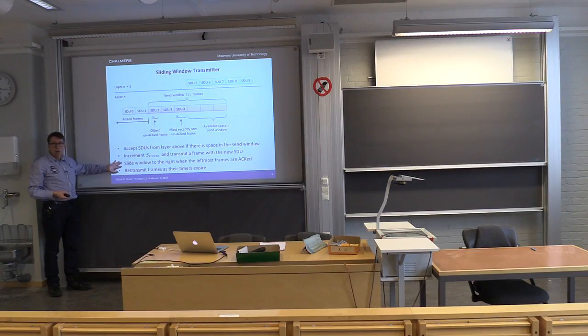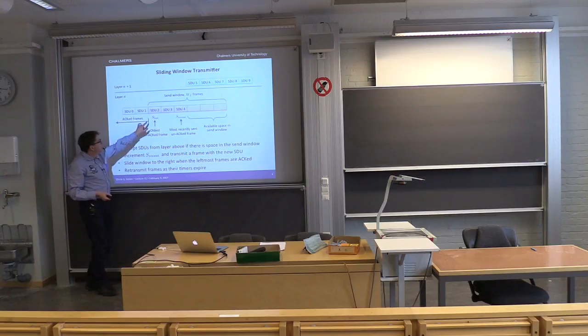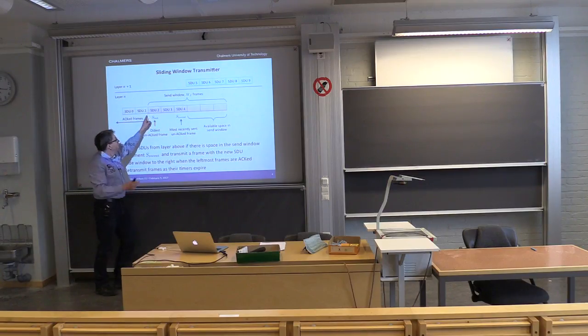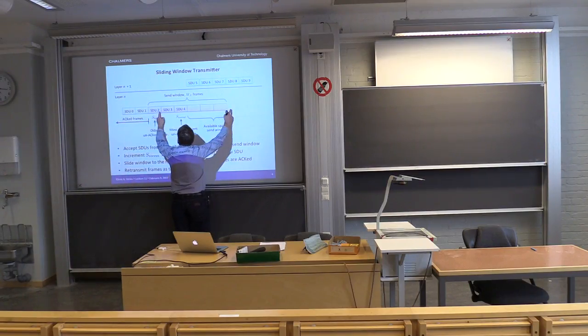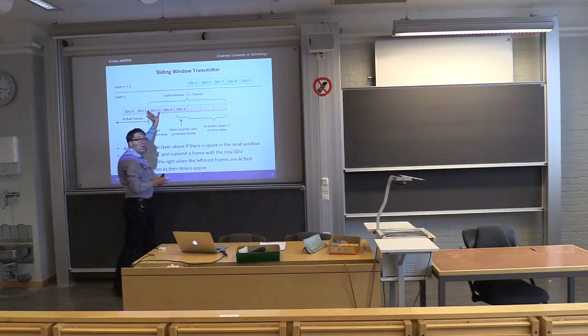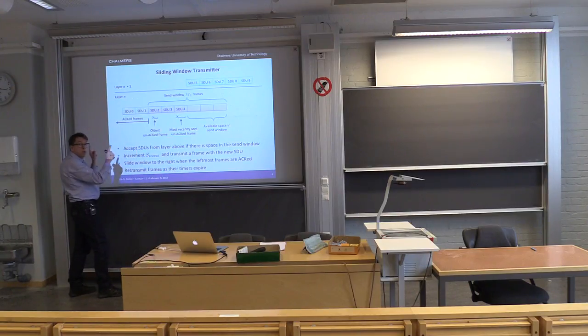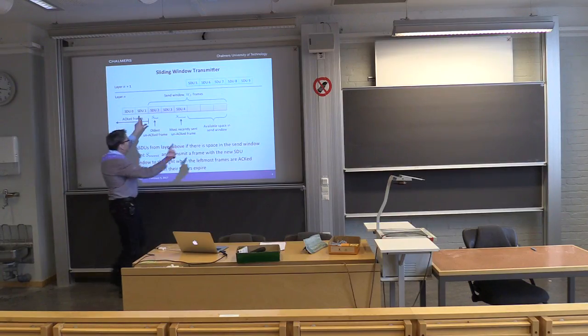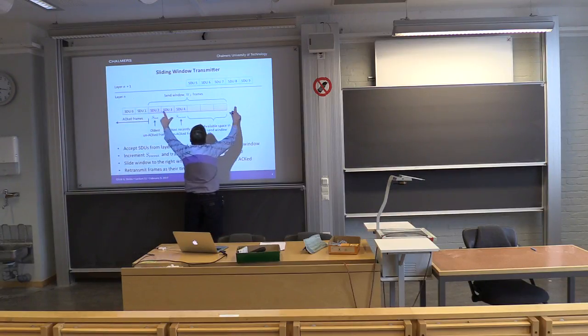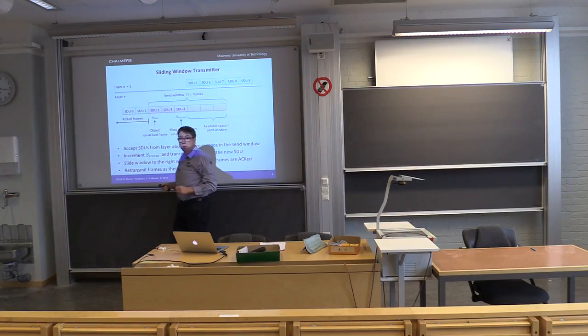Once we get an acknowledgement for slast here, we slide the whole window one step to the right, which creates an empty space here and releases the space that we have here, because we have now received an acknowledgement from the receiver. So we know that this has been successfully received. Right? So that's why it's called a sliding window transmitter. We maintain a window, but we slide it to the right as we get acknowledgements.